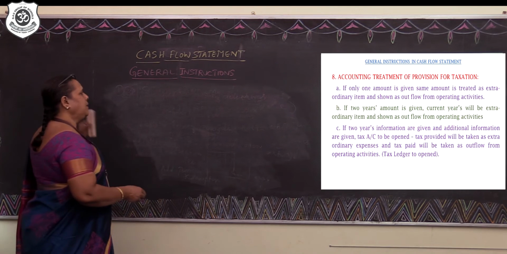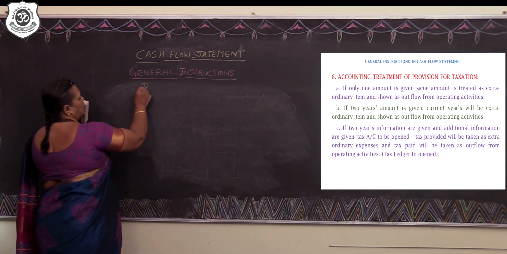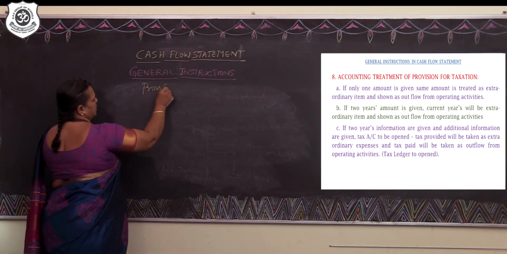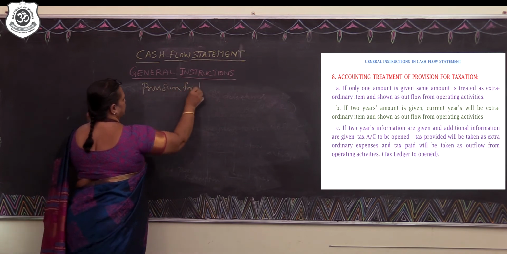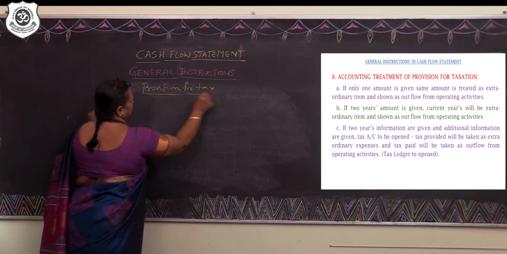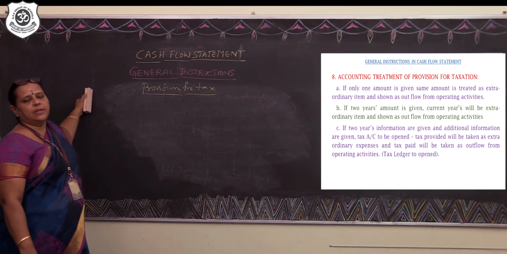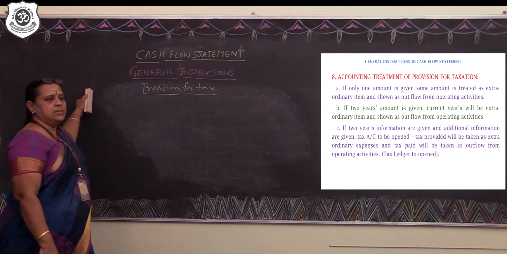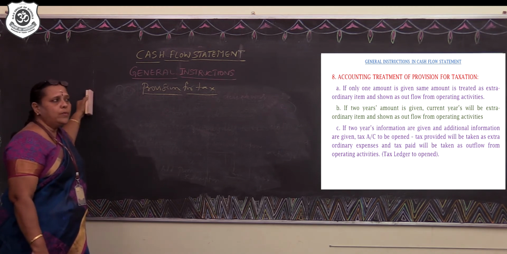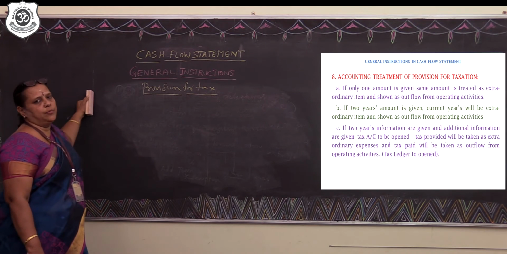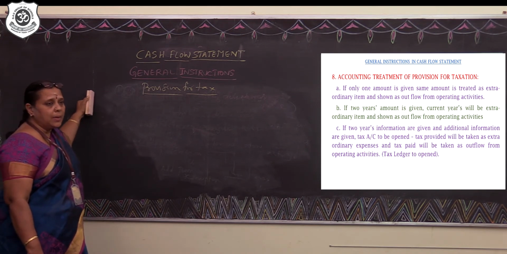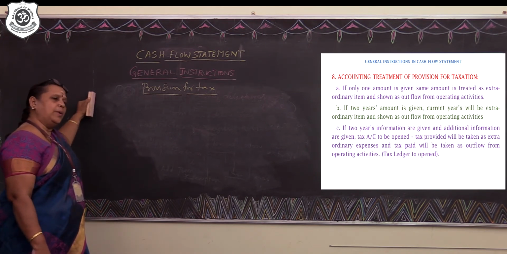Fine. Now coming to accounting treatment of provision for tax. Provision for tax is a tax on the income that the company is earning. There is every possibility that there is an income tax refund also. How are we going to treat this provision for tax? The company anticipates some amount of tax to be paid.